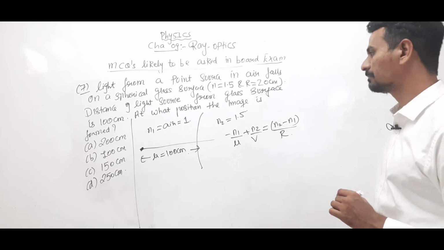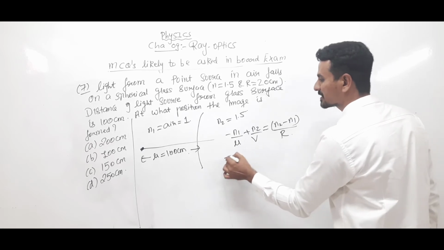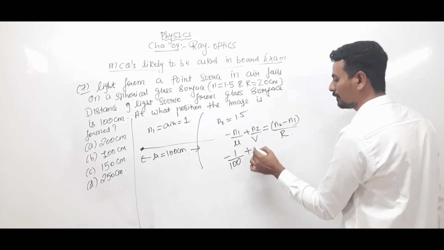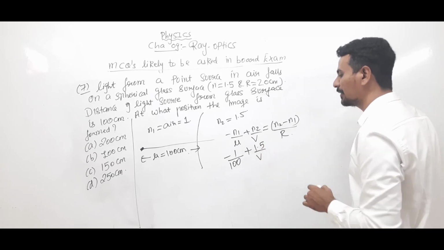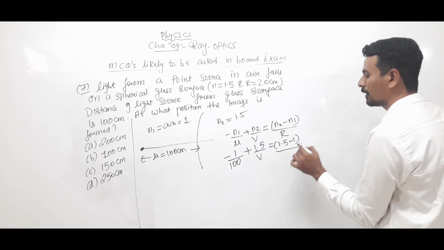So minus 1 by 100 plus n2, 1.5, upon v equals n2 minus n1, so that will be 1.5 minus 1 upon 20.